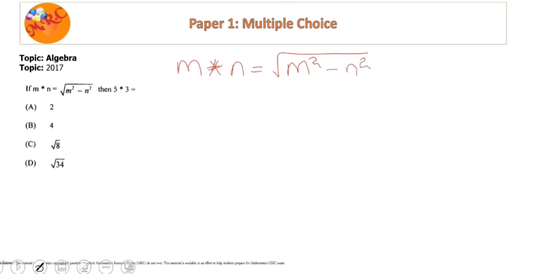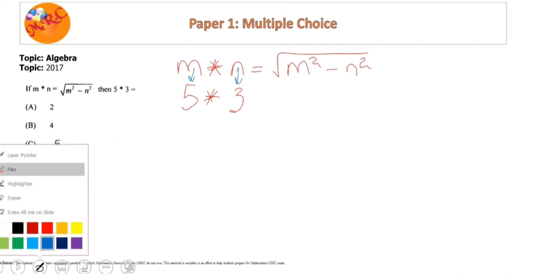And then they say 5 asterisk 3. So this is where the alignment comes. If they say 5 asterisk 3, I'm writing it under where I have my previous asterisk. What does this tell me? This tells me that m values 5 and n, in this case, values 3.